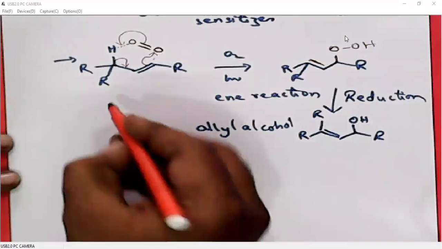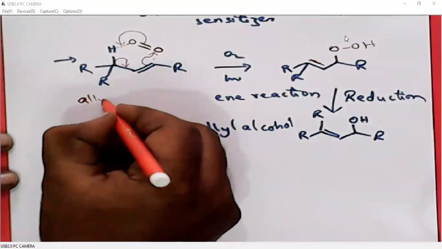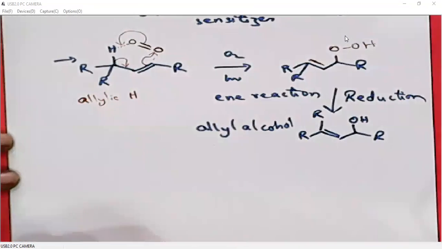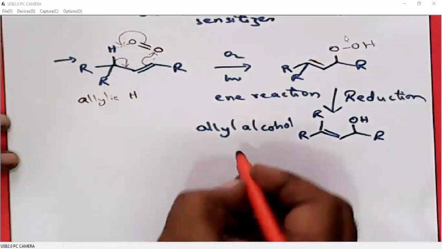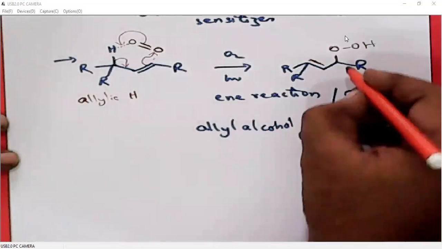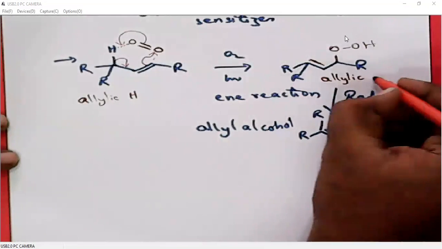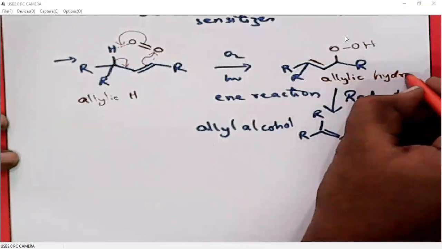So when allylic hydrogen is available, photooxidation conditions will lead to an ene reaction to give allylic hydroperoxide.